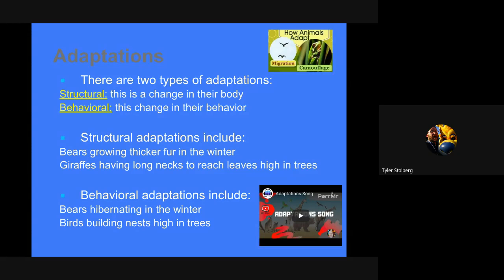Behavioral adaptations are a change in their behavior that helps them survive. So instincts, when we think about animals having instincts, they just know to do something to survive. These are behavioral characteristics. Structural adaptations would include bears growing thicker fur in the winter, or some animals have a layer of blubber to keep them warm if they live in cold climates.